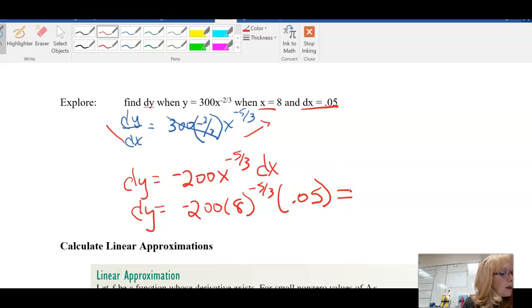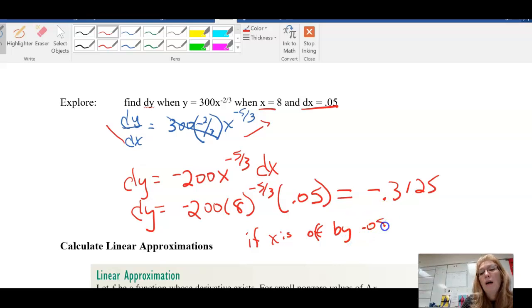Type that in your calculator, and you should get negative 0.3125. So this means if x is off by 0.05, then y decreases, so I'm losing again, 0.3125.